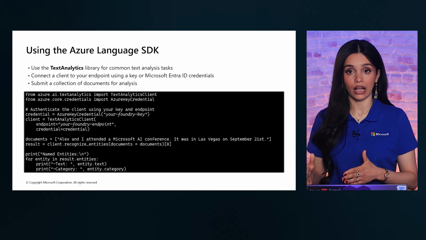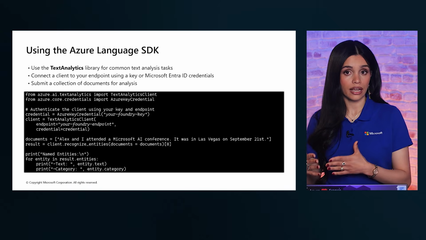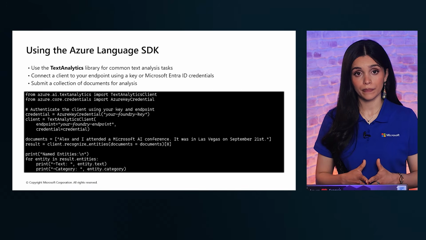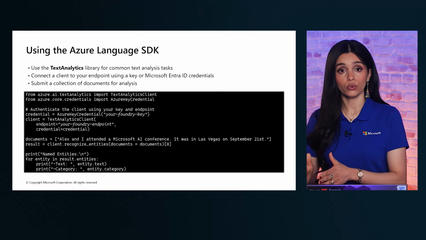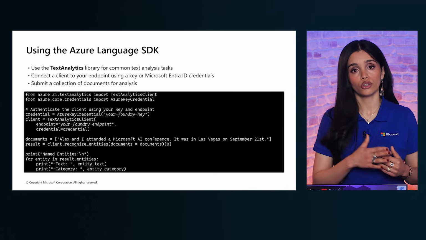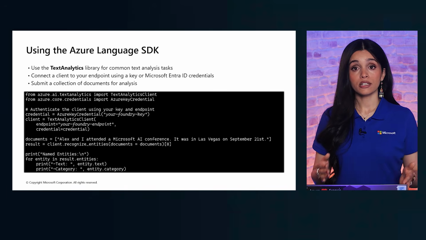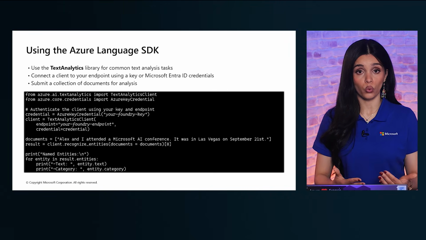Text Analytics Client is the main client used to send text to Azure Language Services. And Azure Key Credential is used to authenticate securely using an API key from Foundry. At this point, nothing is running yet. We are just preparing the tools we need.